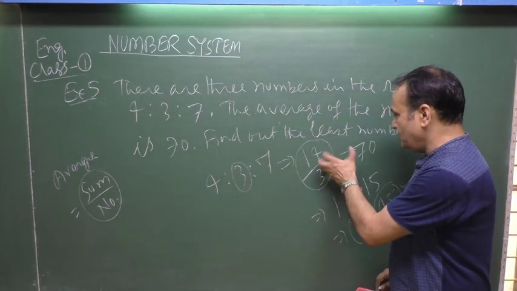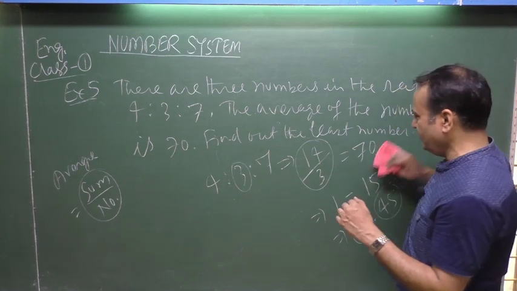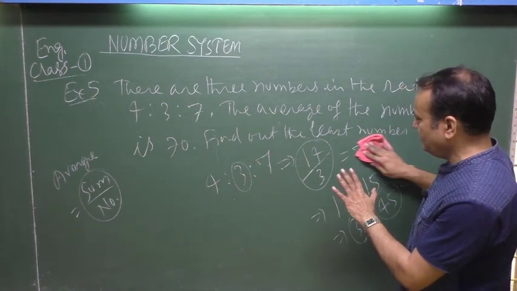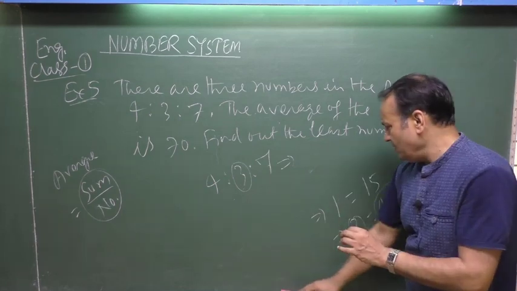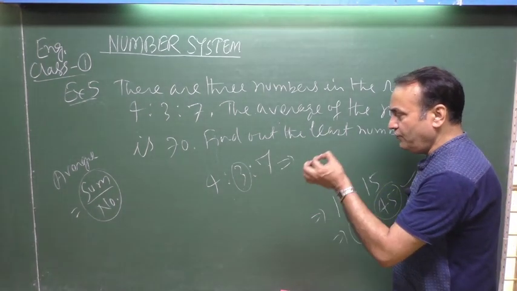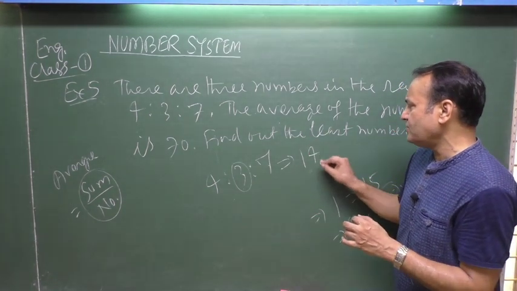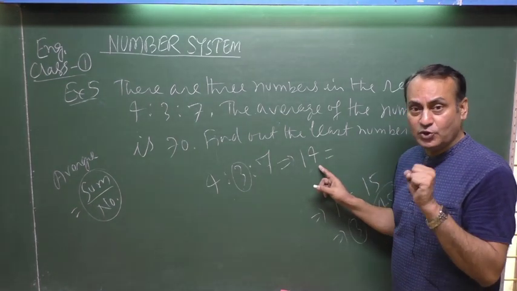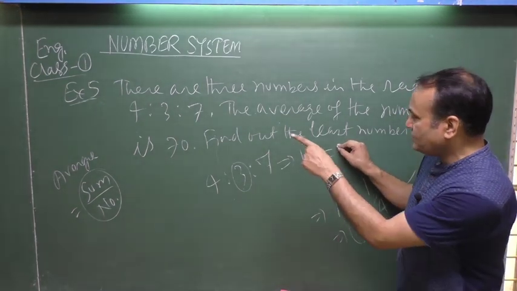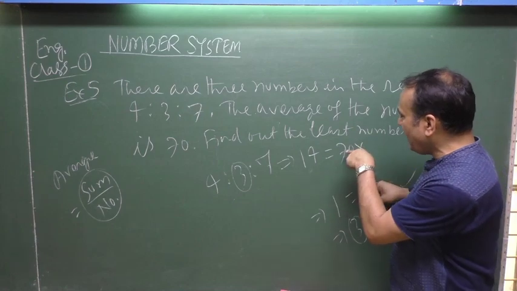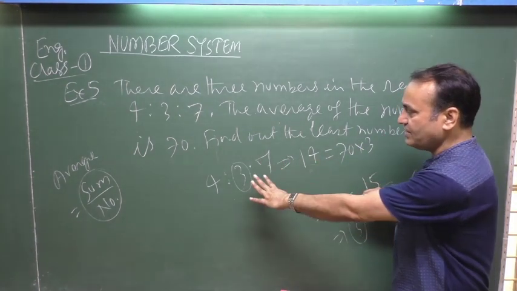Here you can change the writing like this. See here. One method was this, another: if you add here, you get sum total 14 units equals, since this is your sum total and the average is 70, you must multiply the average by the number of numbers. That means 3 numbers.